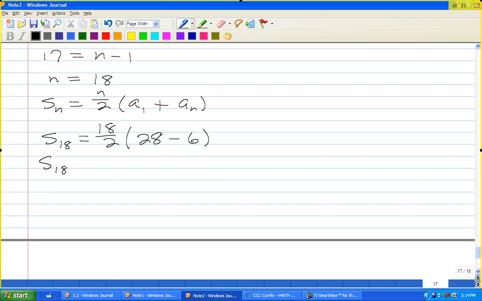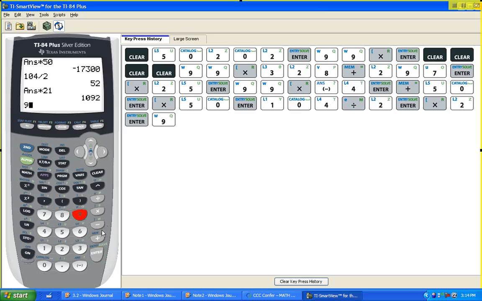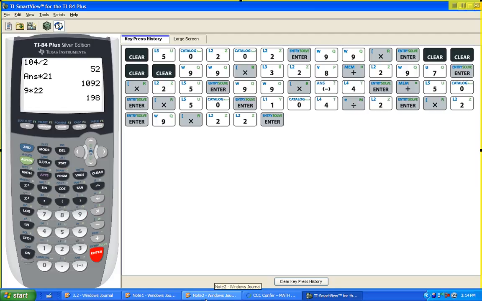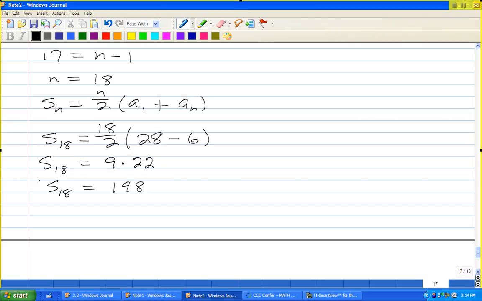And so 18 divided by 2 is 9. 28 minus 6 is 22. 9 times 22 is 198. So if we add up all those terms, you get 198.